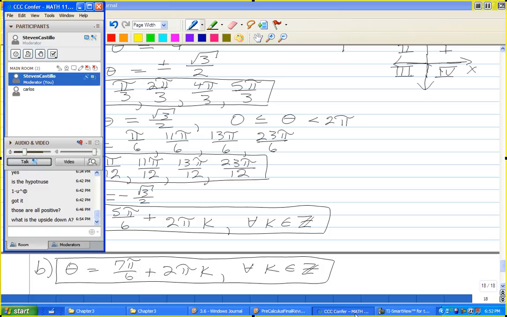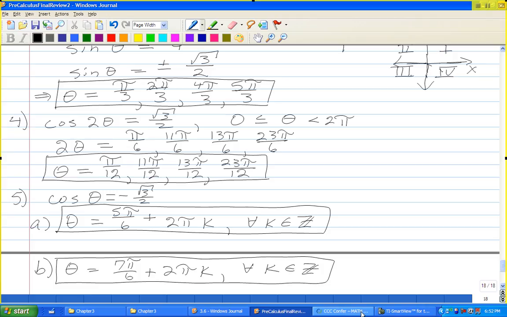What's the upside-down A? For every. For all. I was just being lazy, not writing the word. For all integers. Okay. There it is.